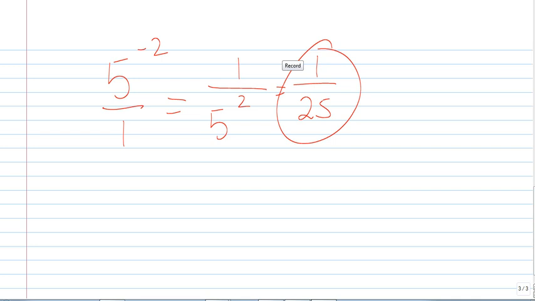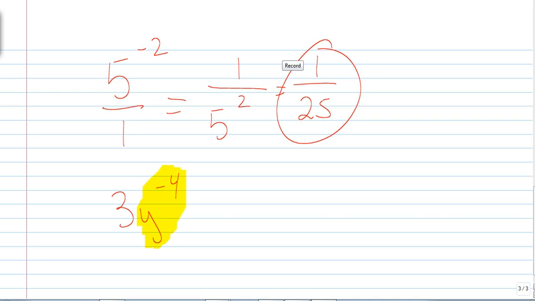Let's say we have 3y to the negative 4. My question to you is, which one are you going to flip? Are you going to move the whole thing, or just the 3 or the y to the 4? What's going to move? Well, let me help you with that. Remember we talked about our base and the exponent. This y right here that I highlighted, that is the base. That is what you're moving. You're moving the y to the negative 4.